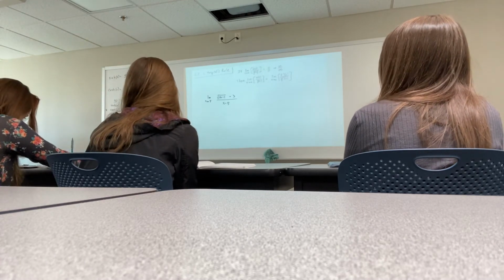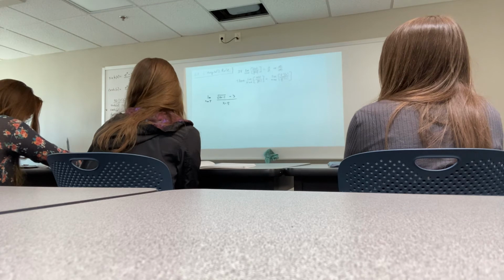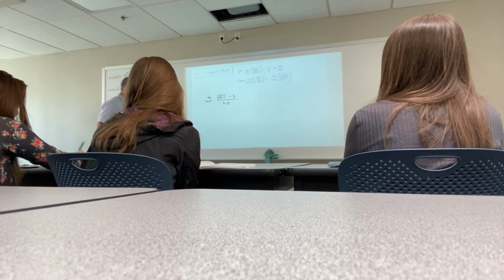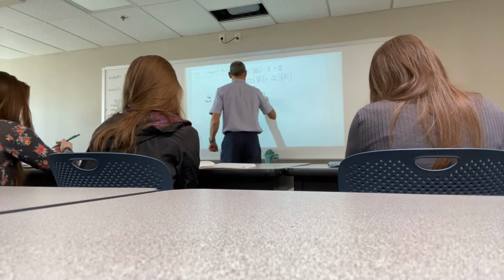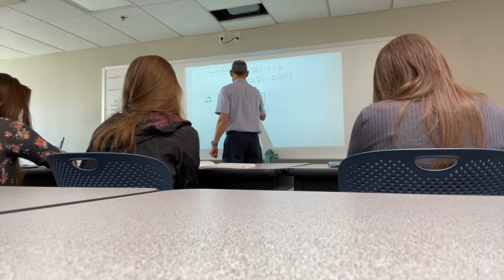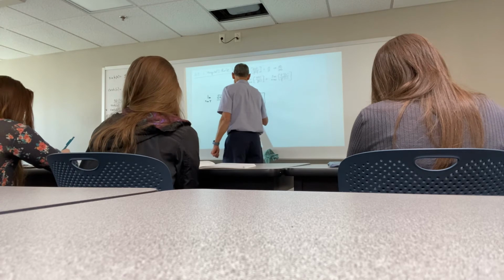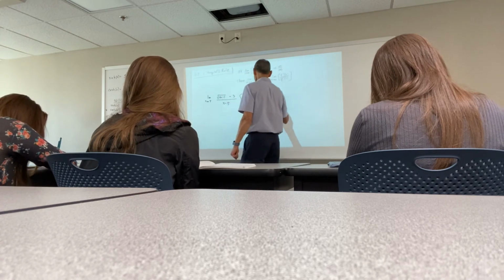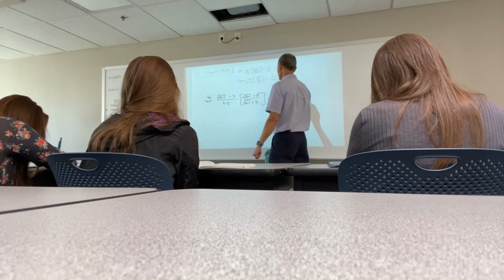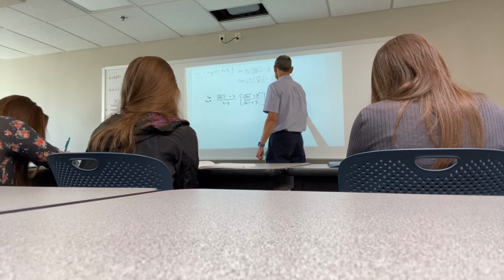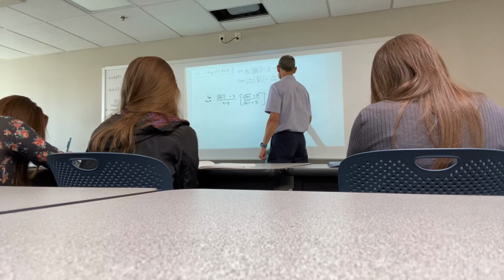And I called it the conjugate trick, right? So we do the square root of 2x minus 1 with a plus 3, and you multiply the bottom by the same thing. And then on top, a minus b times a plus b is equal to a squared minus b squared.